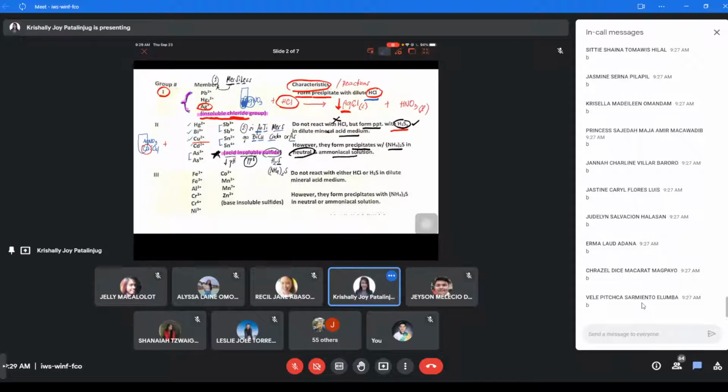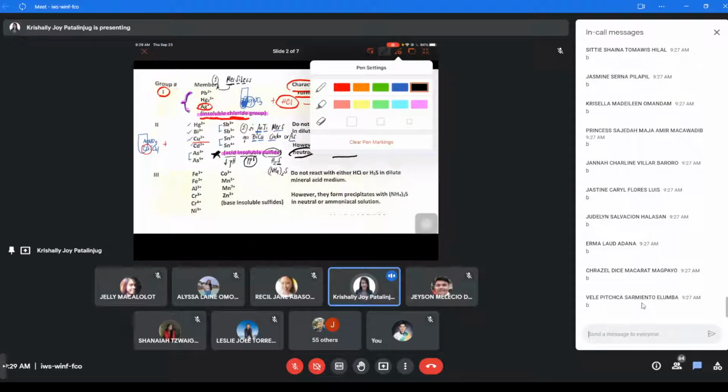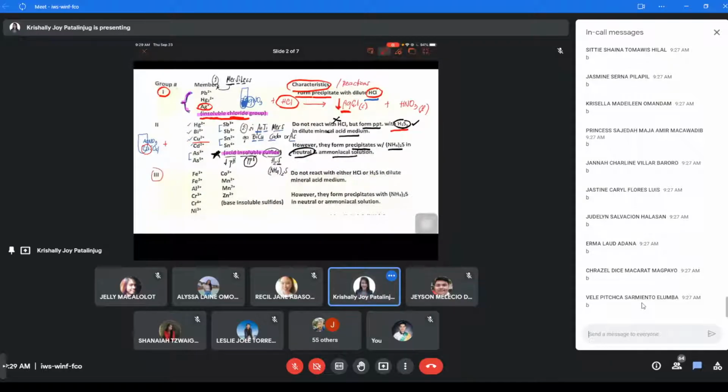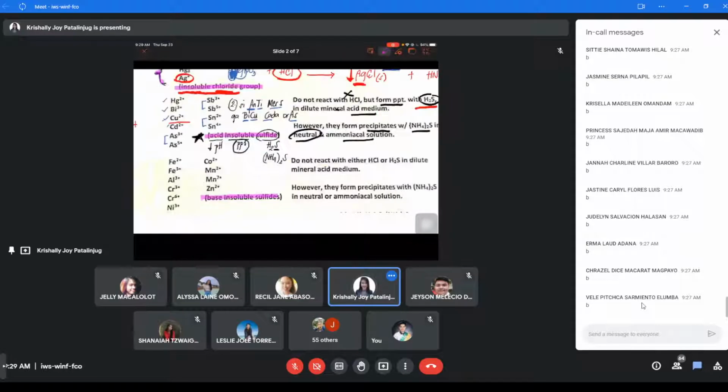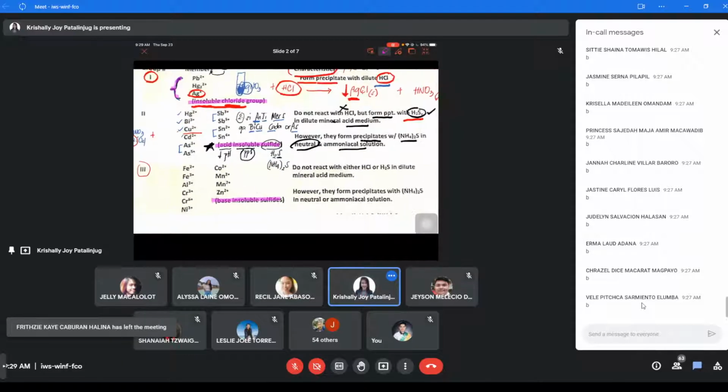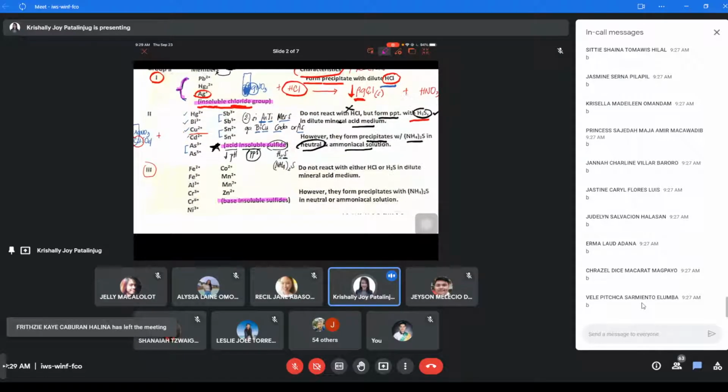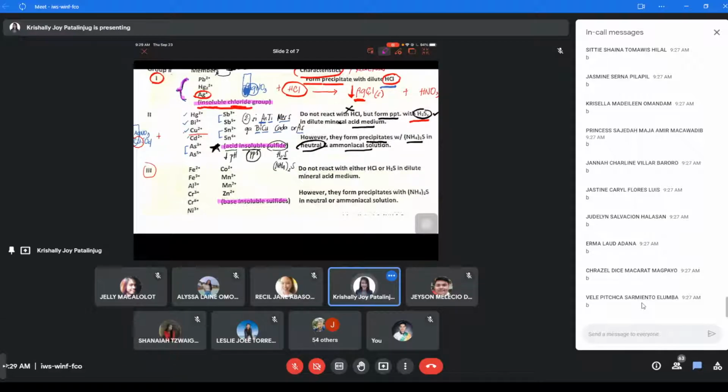Okay, next. Done with group 2, let's proceed to group 3 cations. Take note, they are also known as base insoluble sulfides. They have almost the same precipitating agent as group 2, but in what environment?